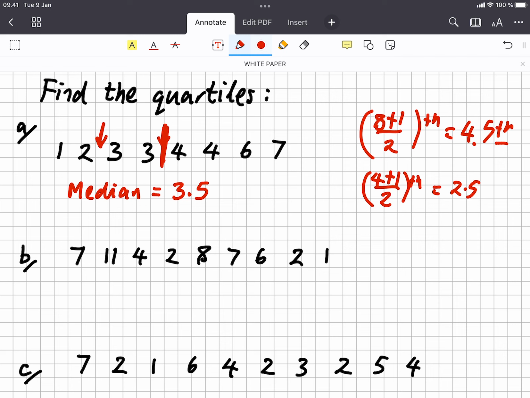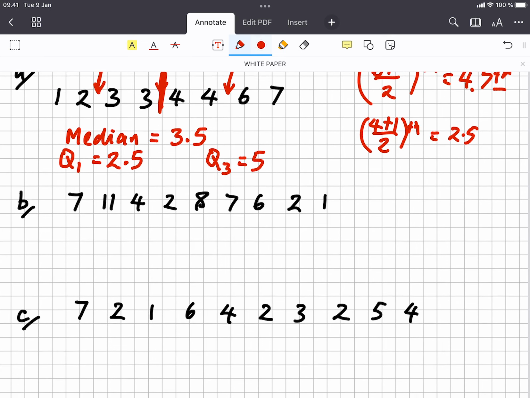So the lower quartile is halfway between a 2 and a 3, which is 2.5. And similarly, the upper quartile is halfway between a 4 and a 6, which is 5. So the upper and lower quartiles are 2.5 and 5 respectively.